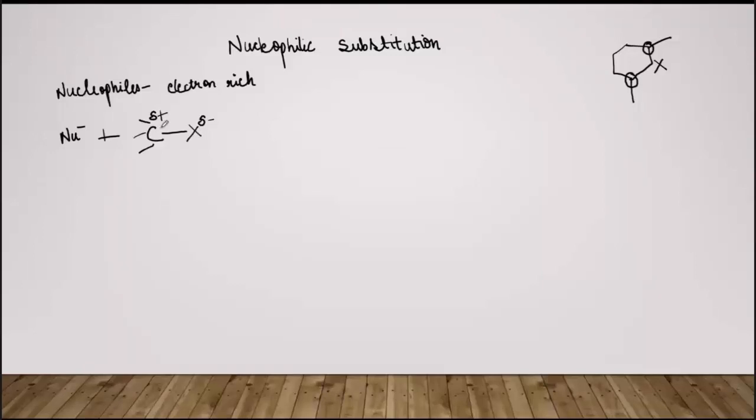So here carbon atom is electron deficit, so nucleophile आएगा और carbon atom पर attach हो जाएगा आके.